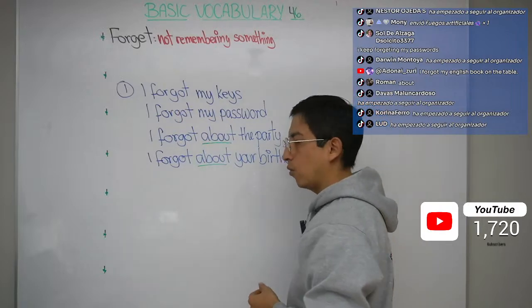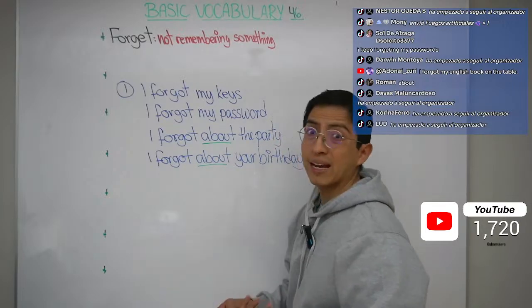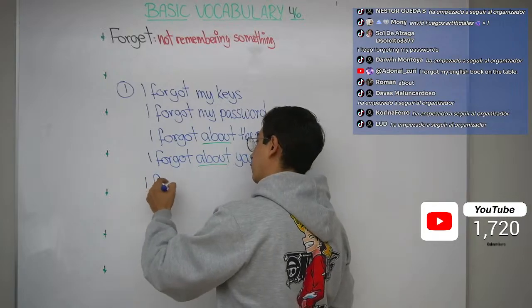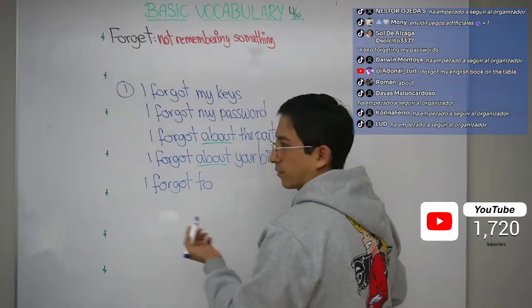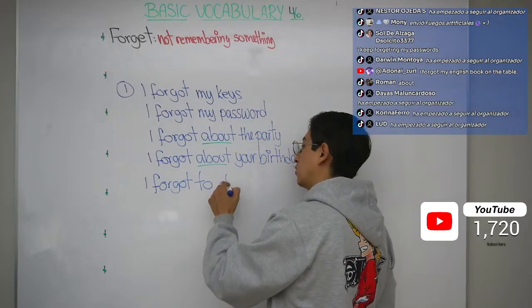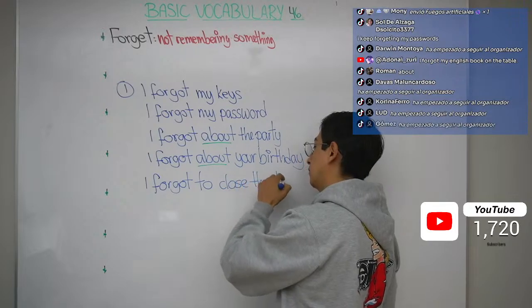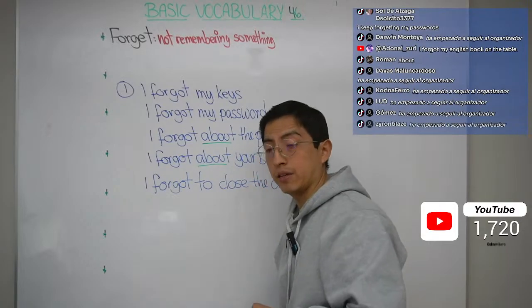Okay? Now, what else? We have one more thing. For example, we can use a verb. Yes? We can say, for example, I forgot to close the door. Now, we have a second verb here, okay?